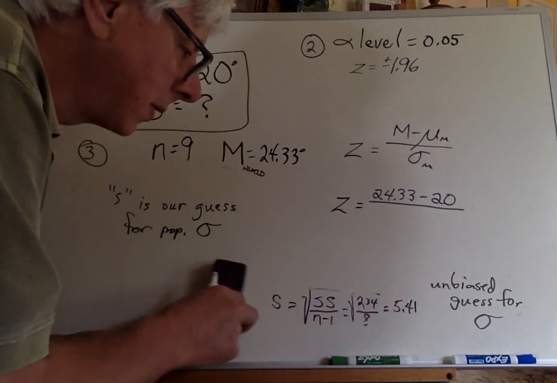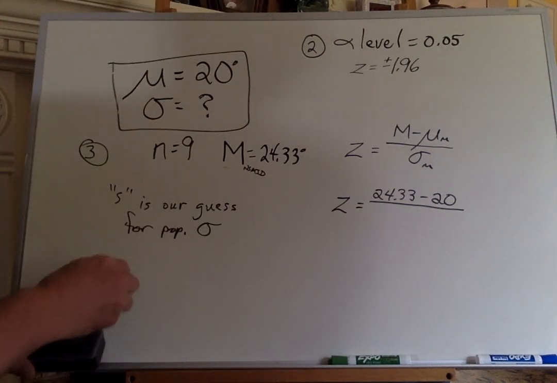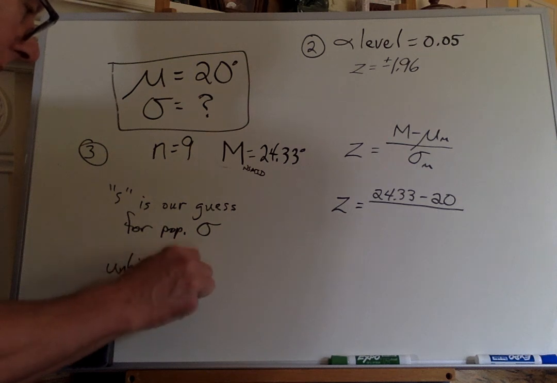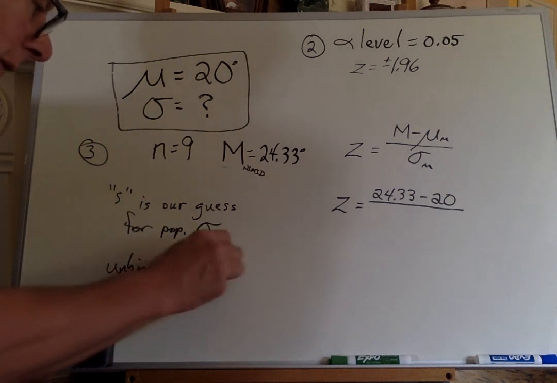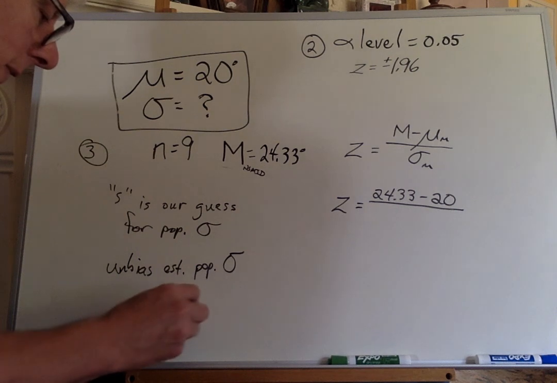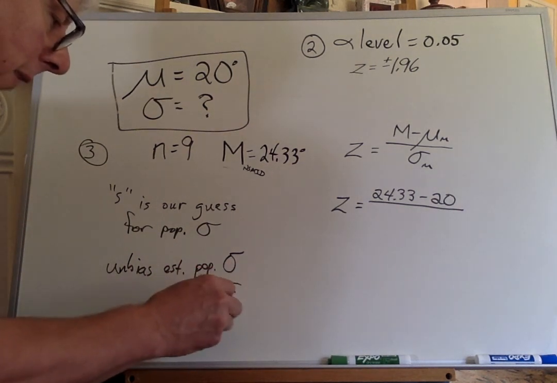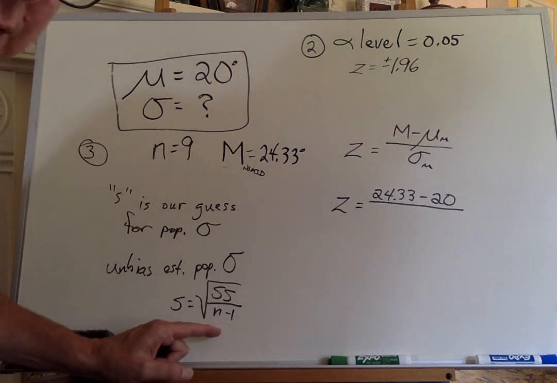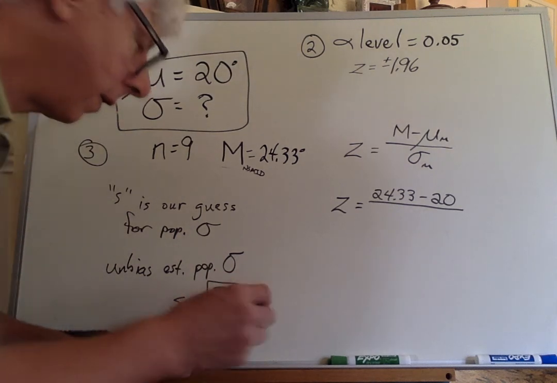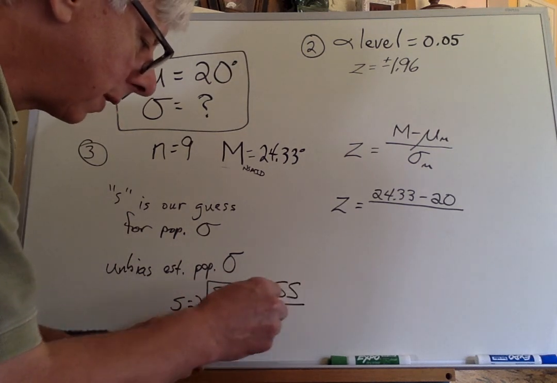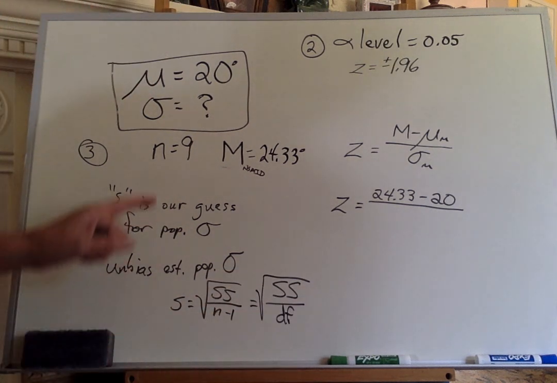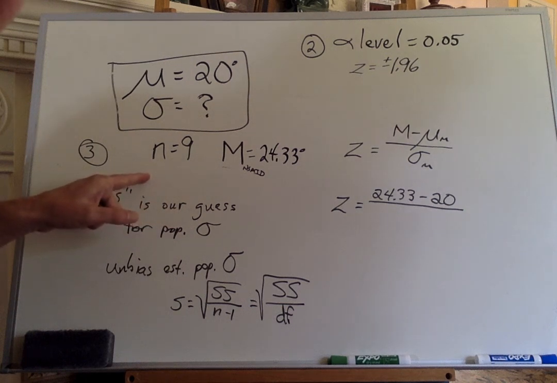So this is our unbiased estimate for the population. It is s, the sum of squares divided by n minus 1, then the square root. And this n minus 1 is also called the degrees of freedom. Degrees of freedom is the number in our sample minus 1.